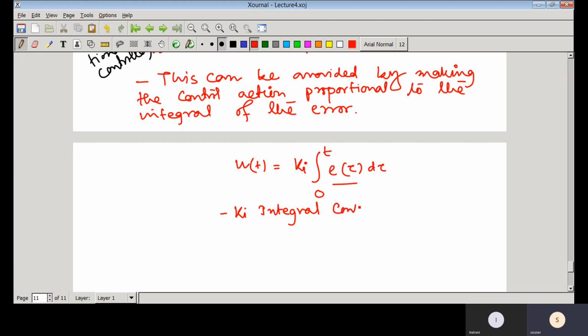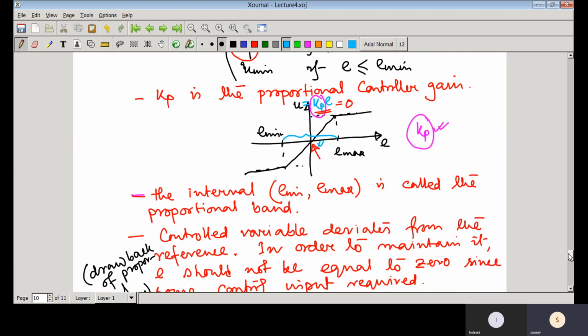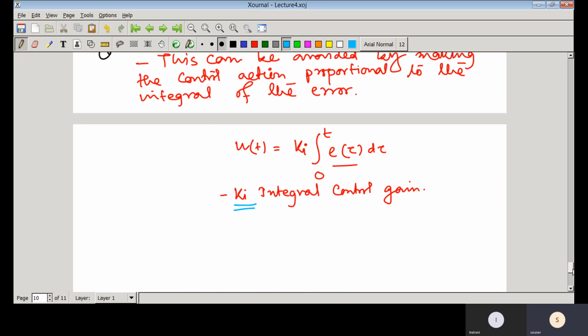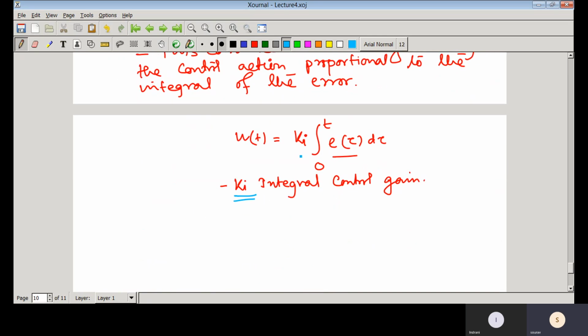As a control systems engineer, your job is to design the integral control gain. In case of proportional controller, your job was to design the proportional control gain. In case of integral controller, your job is to design this integral control gain.